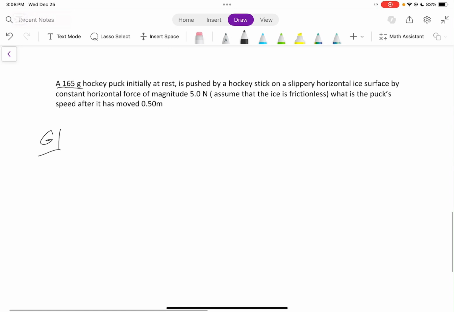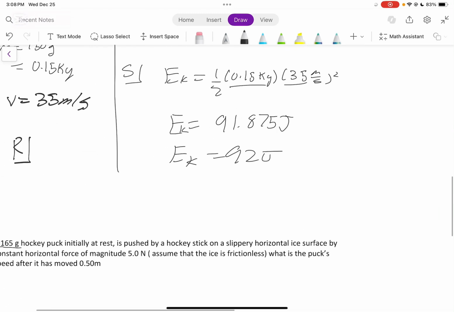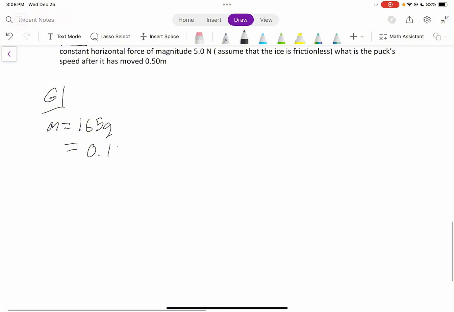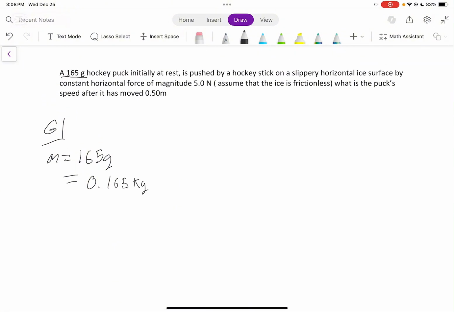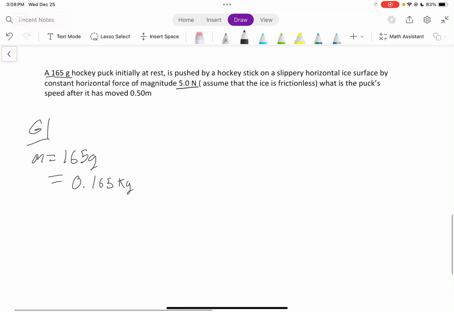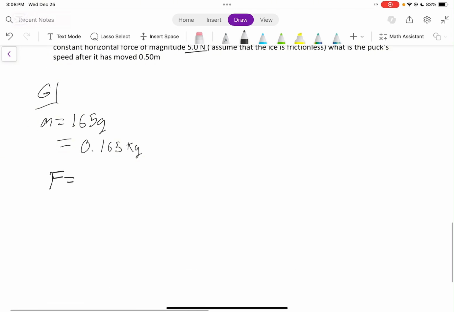So let's break this down. We know that our mass is going to be 165 grams. Convert this to kilograms, 0.165 kilograms. From here, we know that the horizontal force, F, is equal to 5.0 newtons for this simple equation.